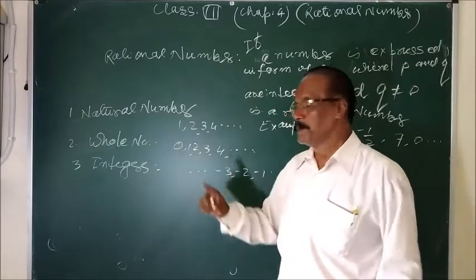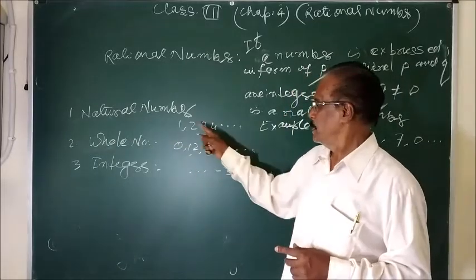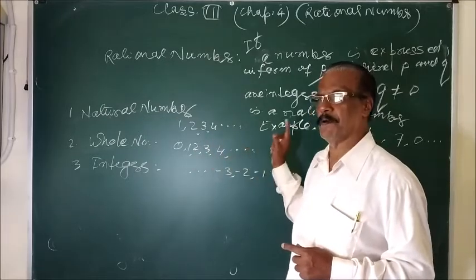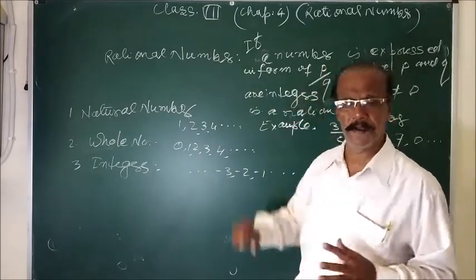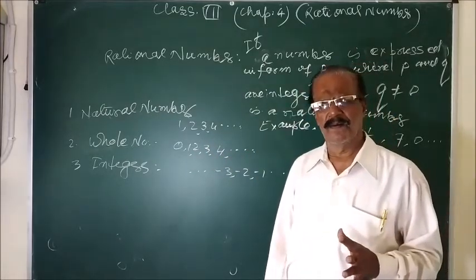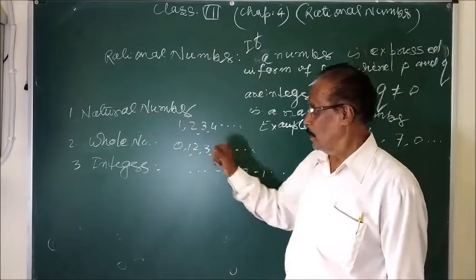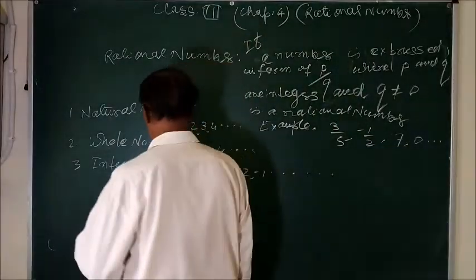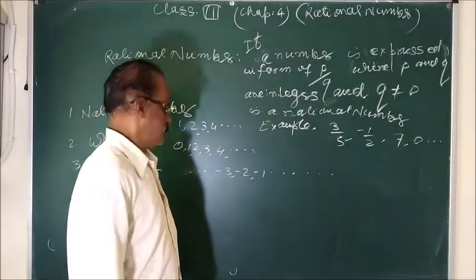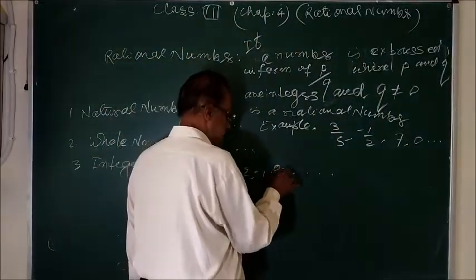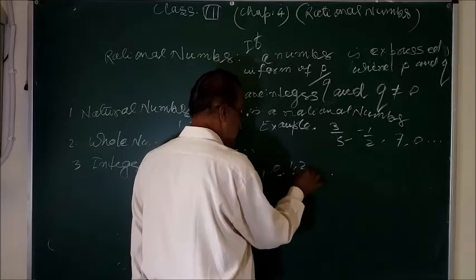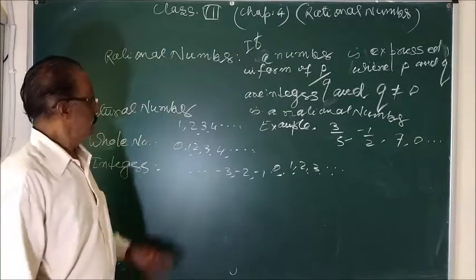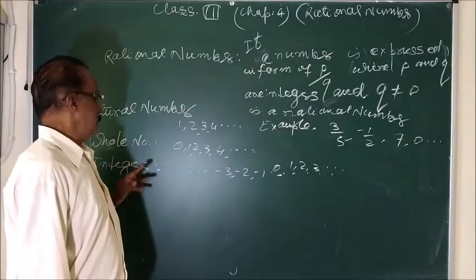If you include 0 in this group, 0, 1, 2, 3, 4, 5, 6, to infinity, then it is called whole numbers. And if we consider the negative numbers also along with whole numbers, this is called integers. Natural numbers, whole numbers and integers.